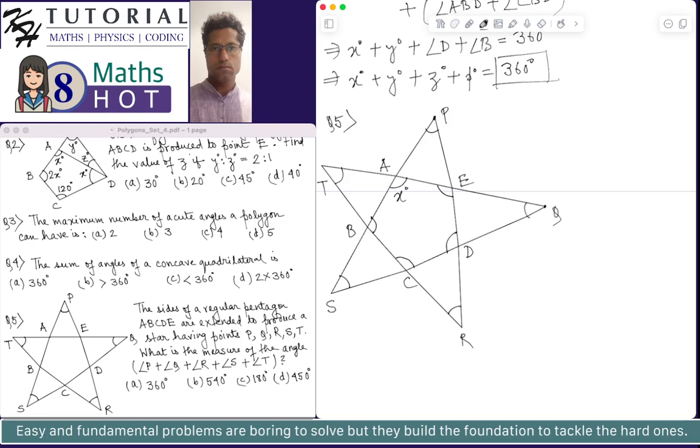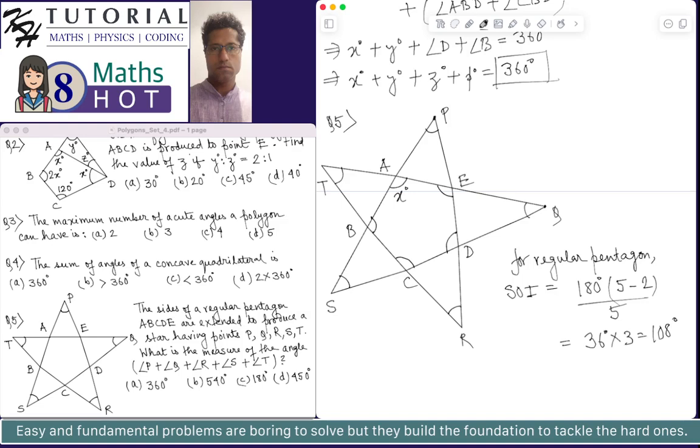For a regular pentagon, the formula for the sum of the interior angles is 180 degree multiplied by (n minus 2), so for each angle it is 180 degree multiplied by (5 minus 2) divided by 5. This is equal to 36 degree multiplied by 3, which is 108 degree.